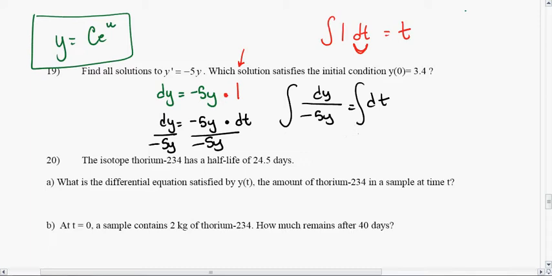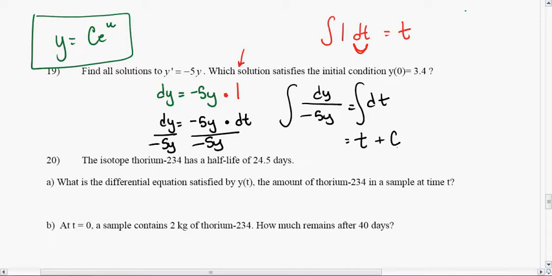Over on the right, that's pretty easy. The integral of dt is just plain old t. And because it's an integral without limits, not a definite integral, I need a plus c.